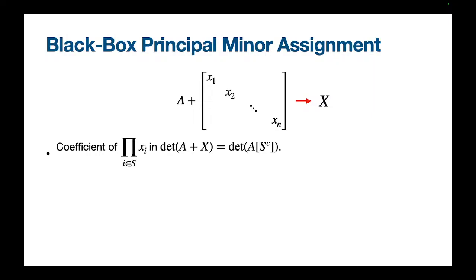Now we look at the polynomial determinant of A plus X. Since all the variables appear at most once, this is a multilinear polynomial, and the coefficient of the product of variables present in a set is exactly equal to the principal minor corresponding to the complement of that set. For example, the coefficient of the product of the variables x2 to xn will be the first diagonal entry of the matrix A.